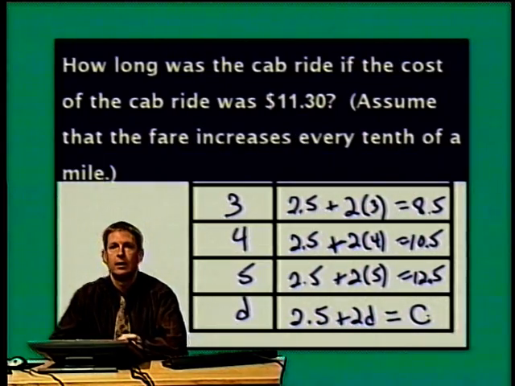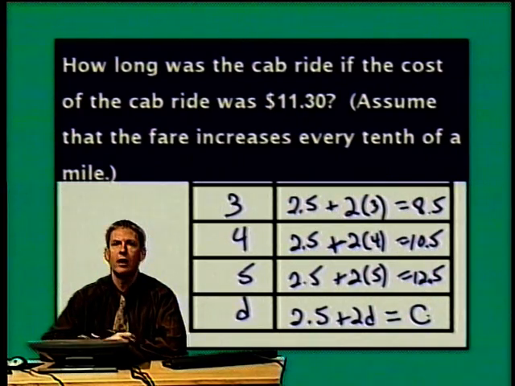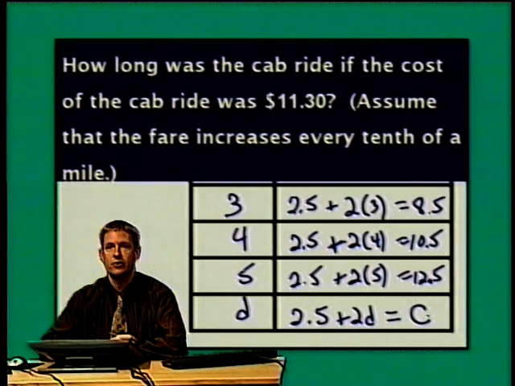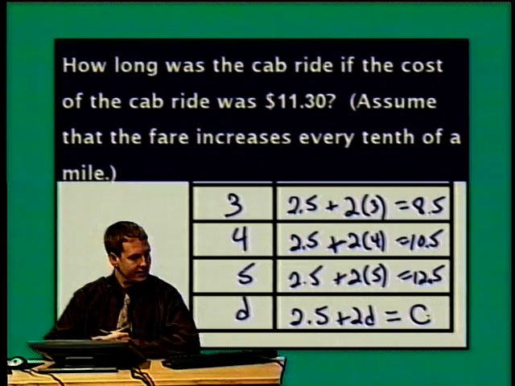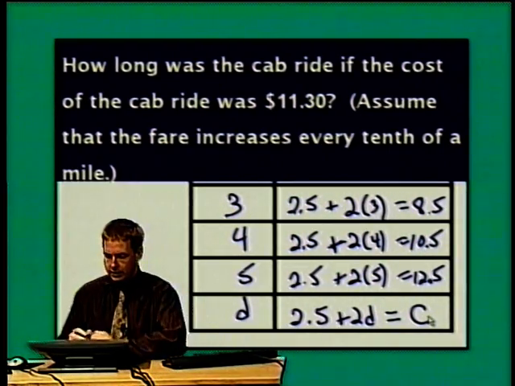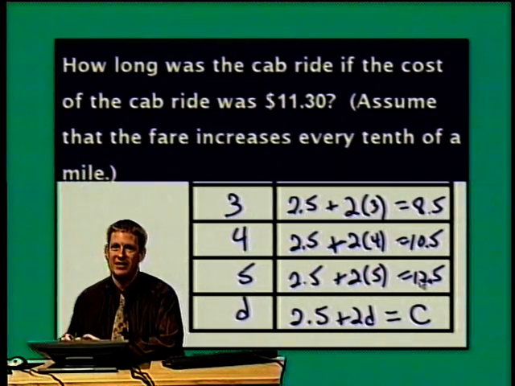Now let's ask ourselves a different question. How long was the cab ride if the cost of the cab ride was $11.30? And to answer this question, let's assume that the fare increases every 10th of a mile. Looking at the numbers in my table, I see that the cost of a 4-mile cab ride was $10.50, and the cost of a 5-mile cab ride was $12.50.